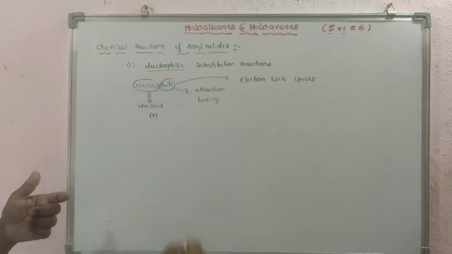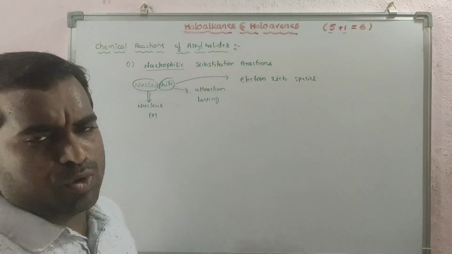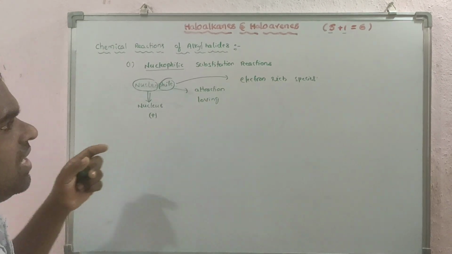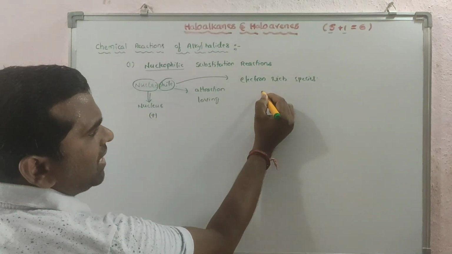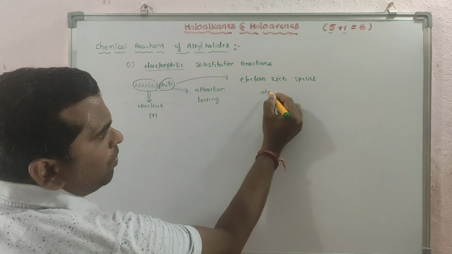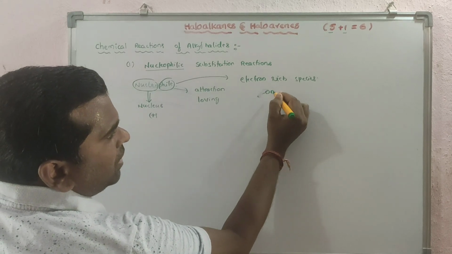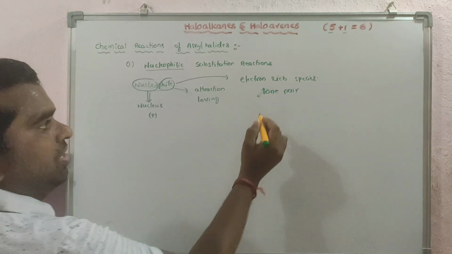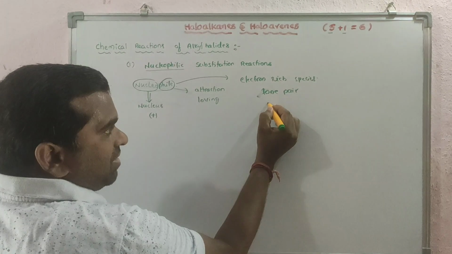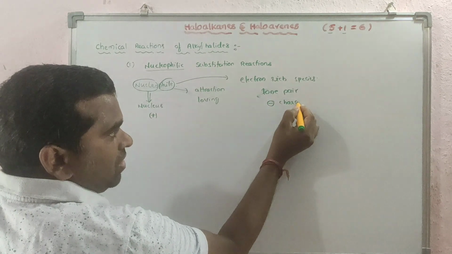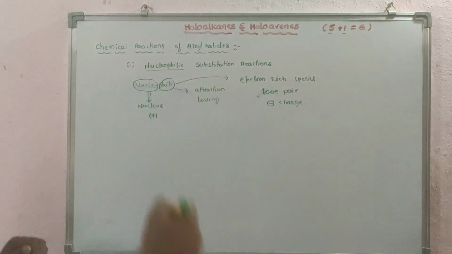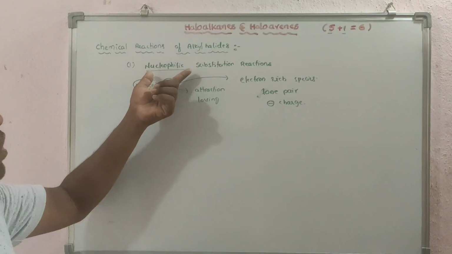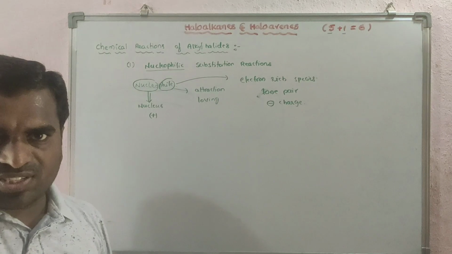Clear? We have discussed the types of nucleophiles in the first year, so I will not discuss all these things again. What does electron rich mean? It should have at least 1 lone pair, and if any molecule has a negative charge, we consider it a nucleophile. Now what are nucleophilic substitution reactions?